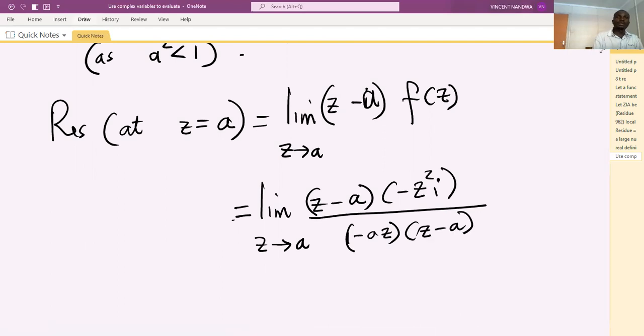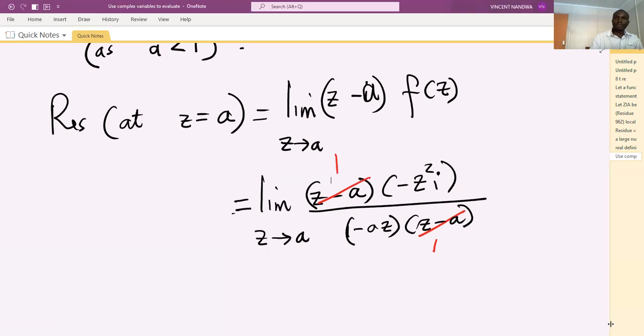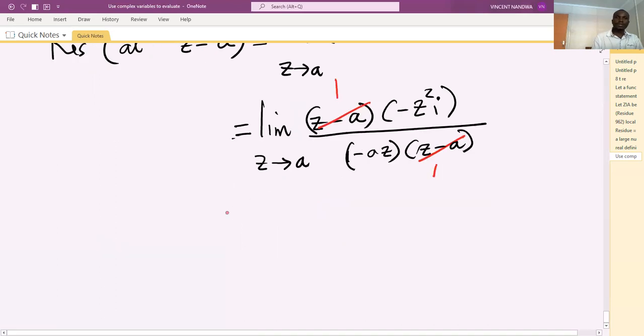And so these two brackets cancel out. This reduces to the limit as z approaches a of minus z squared i over 1 minus az.